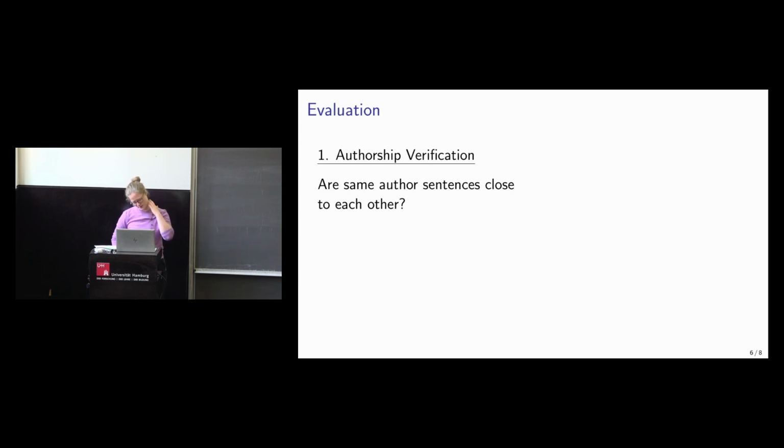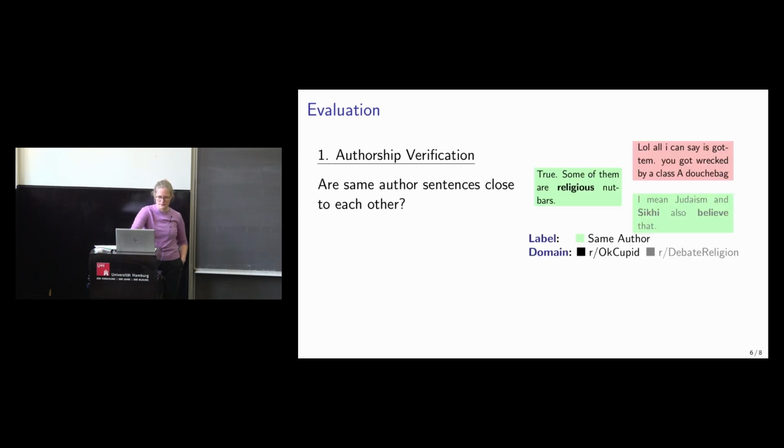And how you can evaluate this is, of course, just looking at how well these representations perform on the training task, so authorship verification. Is this working well? So this is maybe rather obvious. In another way, I just told you I want style to be different from content. Well, we can also test that, right?